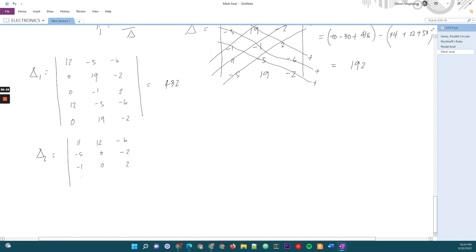If you copy the first two row, 11, 12, negative 6, negative 5, 0, and negative 2. Okay, if you get the determinant of this, the same gyapon nga process ha katong mag-multiply ka ana. So we have ana multiply, here we multiply, so multiply, multiply, multiply.